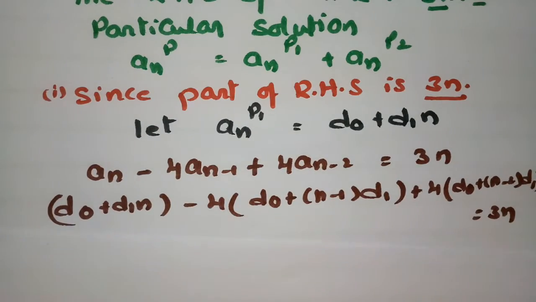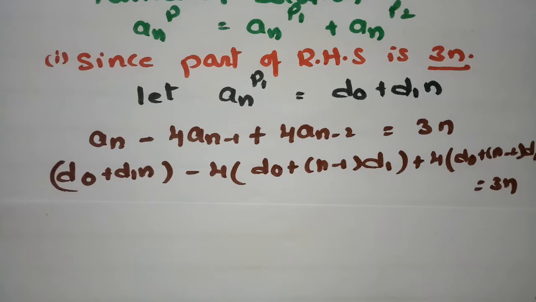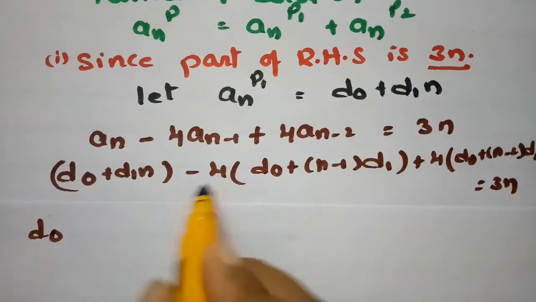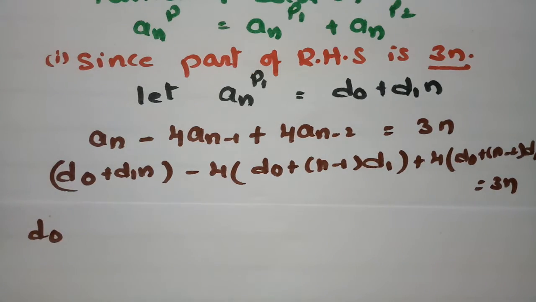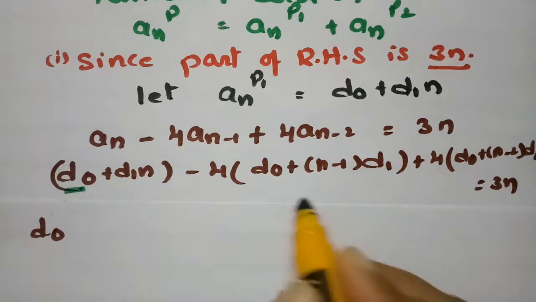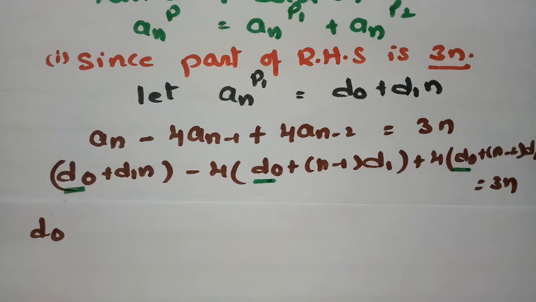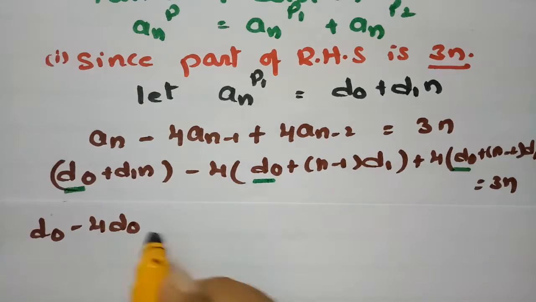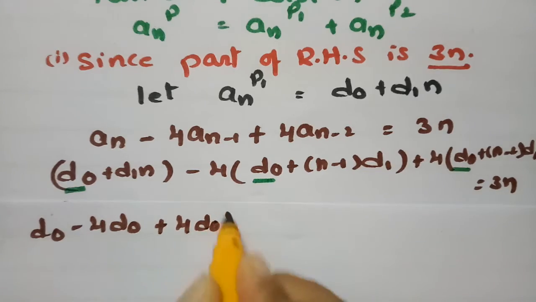Now I am going to solve this. Taking d0 common, we have d0 - 4d0 + 4d0.